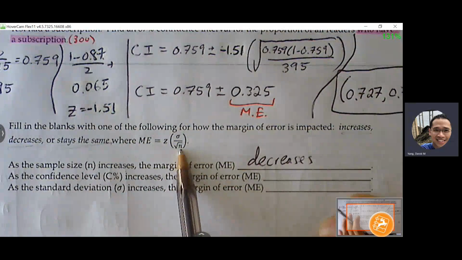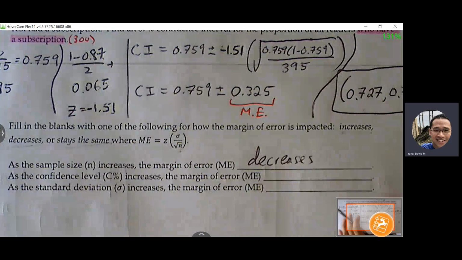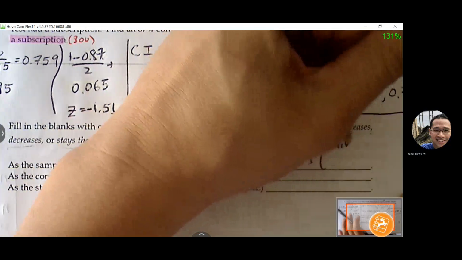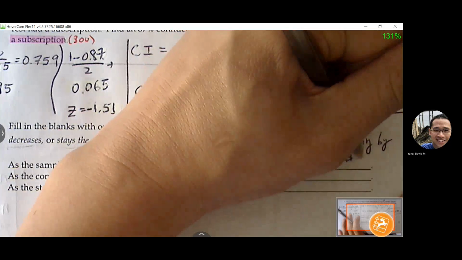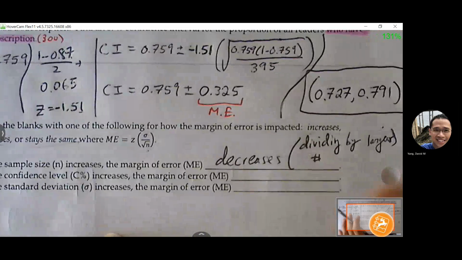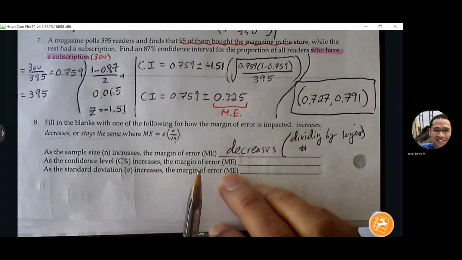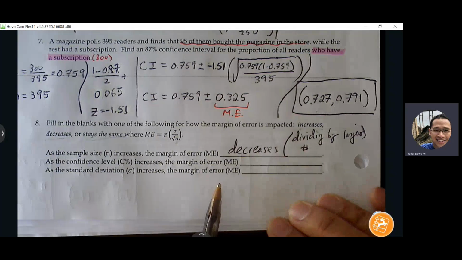Imagine this n was 1 versus 10 versus a million, right? That fraction is going to get smaller and smaller. You're dividing by a larger number. Okay, as the confidence interval increases, what's going to happen to the margin of error?